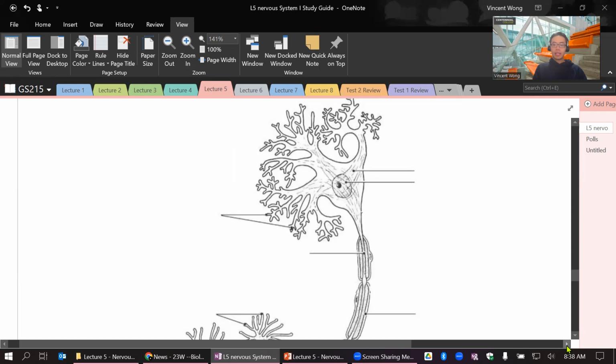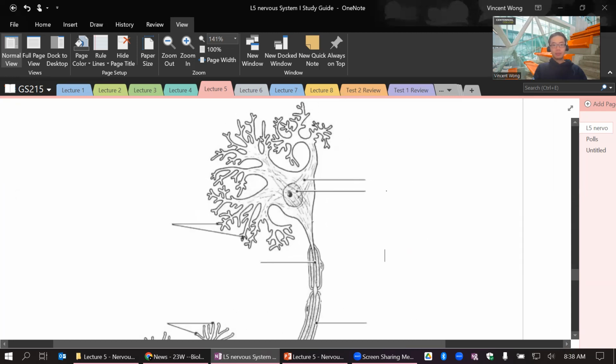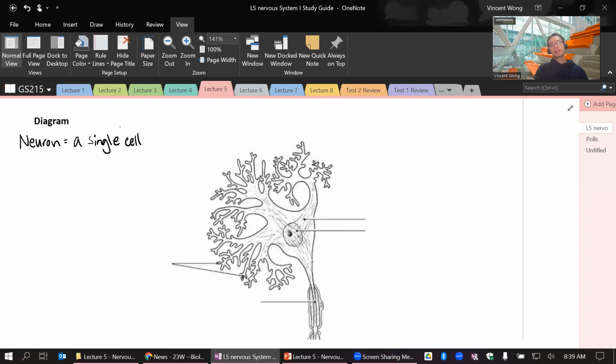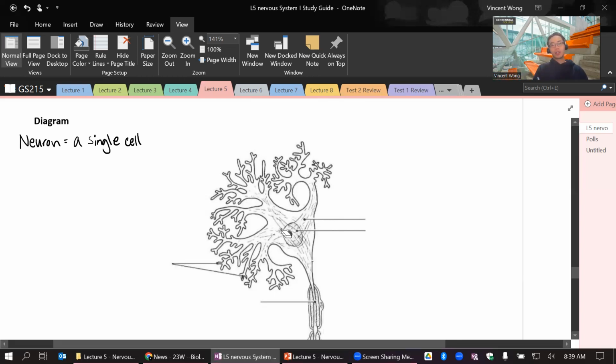Now, a neuron is a single cell. You probably should know this. So this is a neuron, and it is a single cell, just by itself. And it would have all the features of a cell. So there's a cell membrane, right? Over here, you would see this circular structure in the middle.